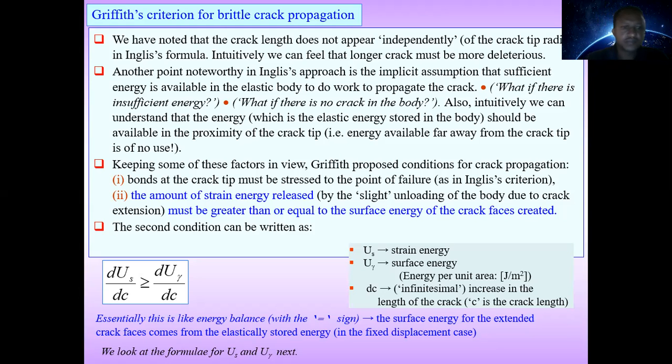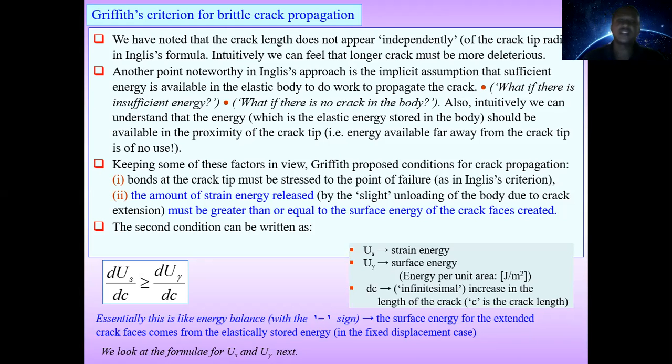Okay, so keeping some of these factors in view, Griffith proposed a condition for crack propagation. The first condition is that bonds at the crack tip must be stressed to the point of failure, as in Inglis's criteria.